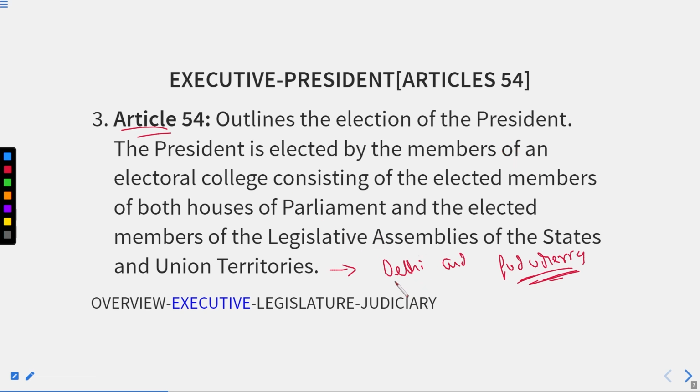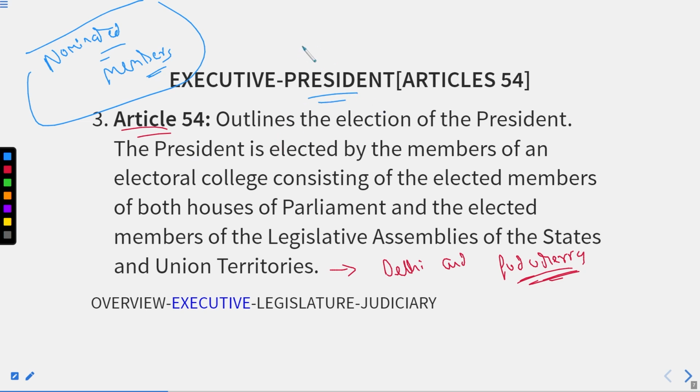None other than these could participate in the election, and please note it down: nominated members of Lok Sabha, Rajya Sabha or the state legislature are not allowed to participate in the presidential elections, and also the state legislative council could not participate in the elections of the president.